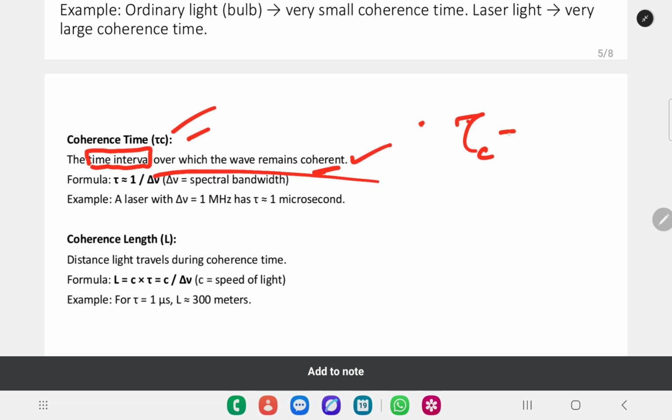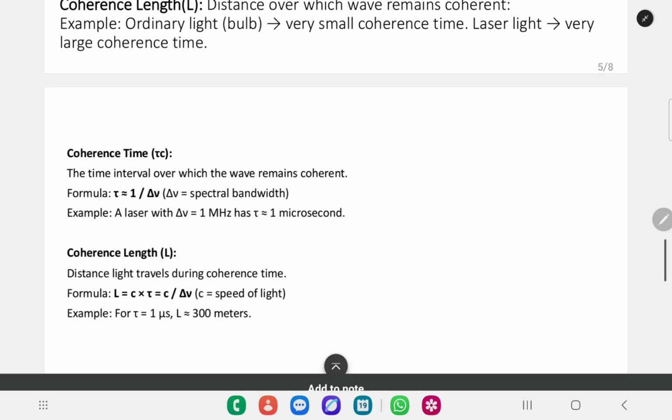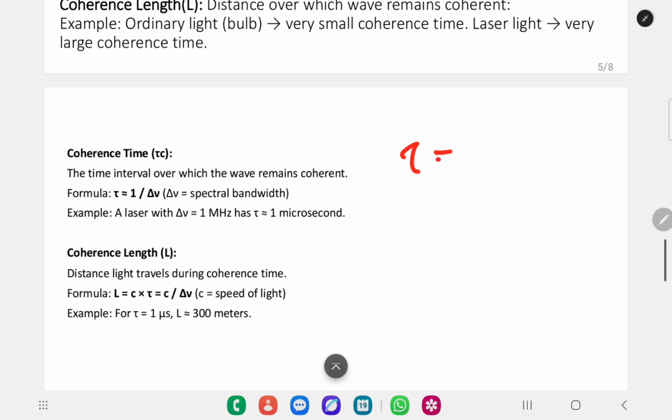So the formula is tau c equals 1 by delta nu. What is nu here? The spectral bandwidth, the frequency. For example, a laser whose spectral bandwidth is 1 megahertz will have a coherence time of 1 microsecond. This is just an example. As we know, time period tau is equal to 1 by frequency. That is the relation we are seeing here.